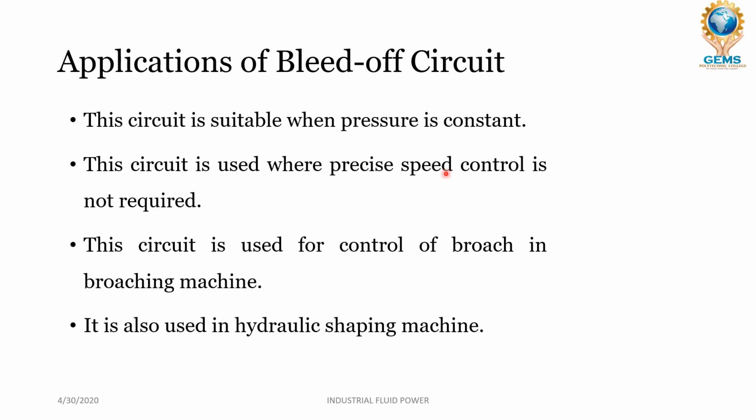It means wherever you have a variable speed or an approximate speed, there we can use it. But if you want precise speed control, this is not suitable. This circuit is used for control of broaching machine, and it is also used in hydraulic shaping machine.